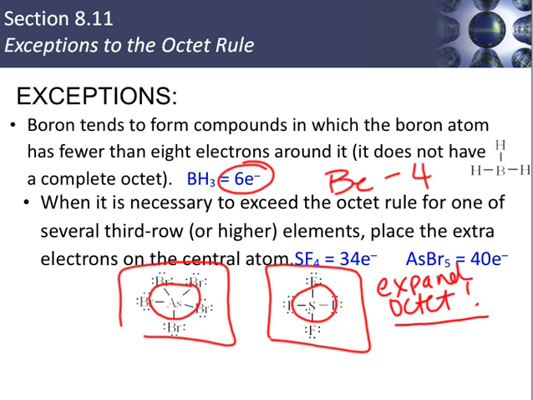D's. So we're going to start to access the D orbitals. However, D's aren't on every level. What's the first sublevel of D's? 3. So any element on level 3 or beyond can actually expand this octet.